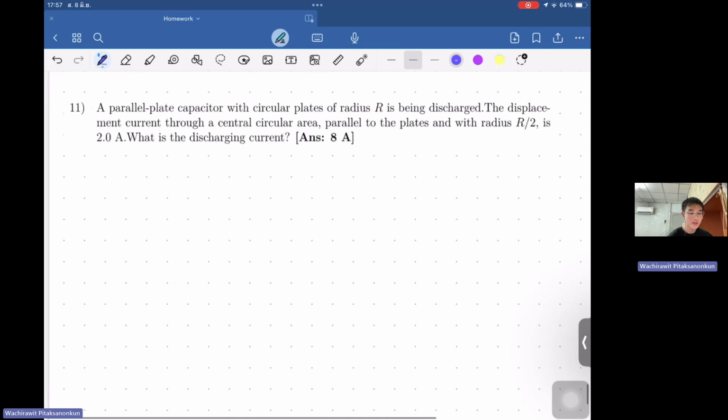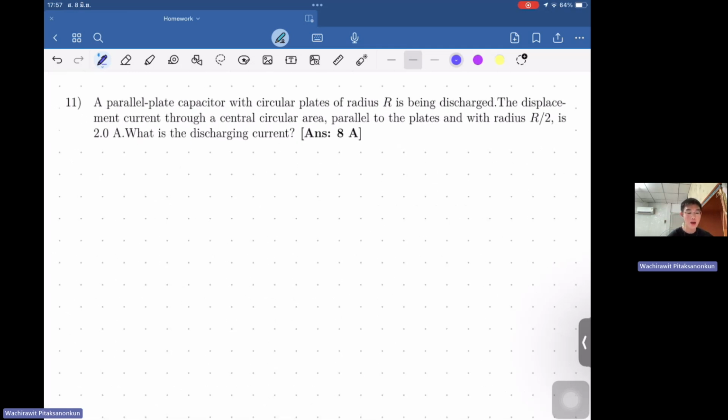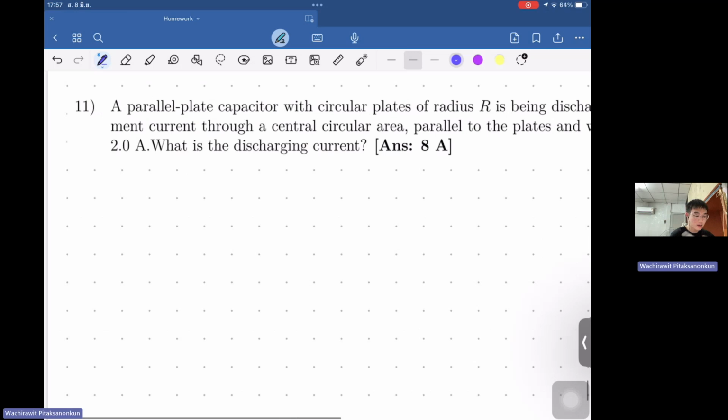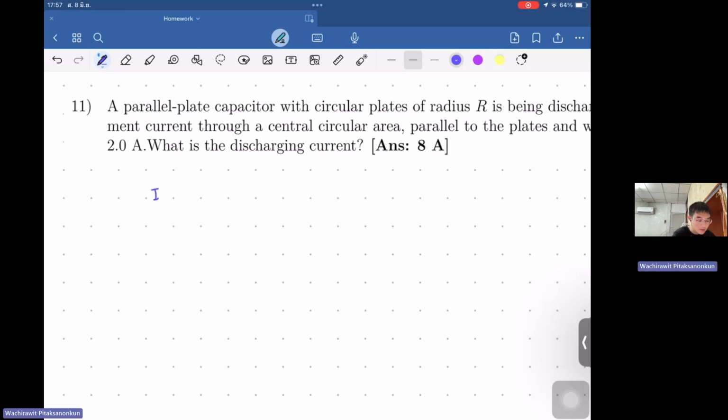So the equation that we're going to use in this question is the displacement current equal to epsilon times the rate of change of electric flux, d phi by dt, right? And we know that electric flux is equal to electric field multiplied by area. We know that the area is constant, right?